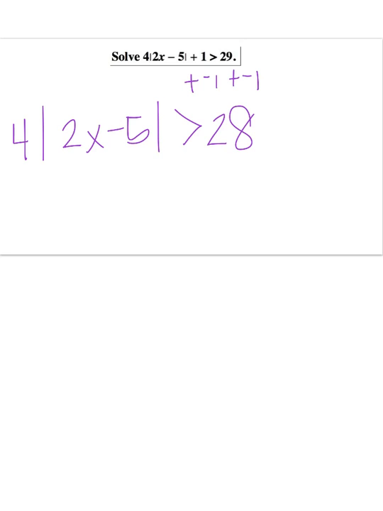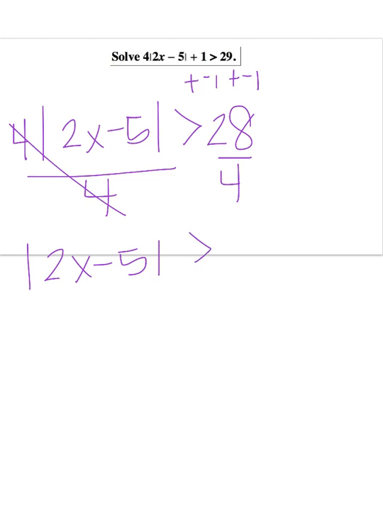Again, it's still not isolated. So the next thing I need to do is divide by 4. So my absolute value now says the absolute value of 2x minus 5 is greater than 7. I gave you that hint. Stop and look at your absolute value. It's greater, so this is going to be an or statement or an or graph.